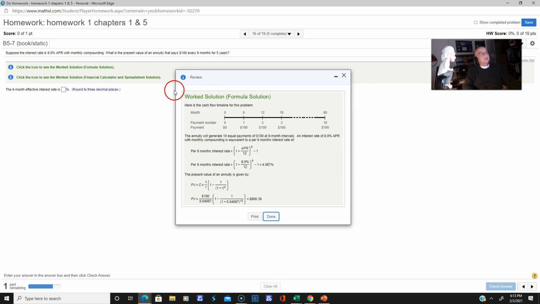Most people think they take half of that. So you can see there's an effective rate going on here. Here's the effective rate, which someone calculated correctly.